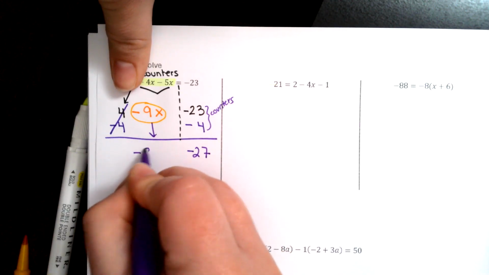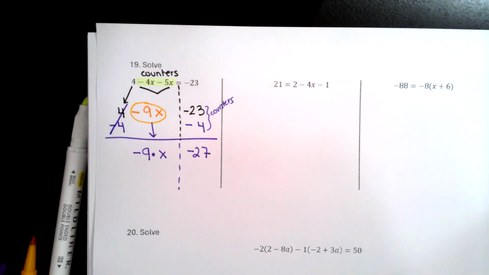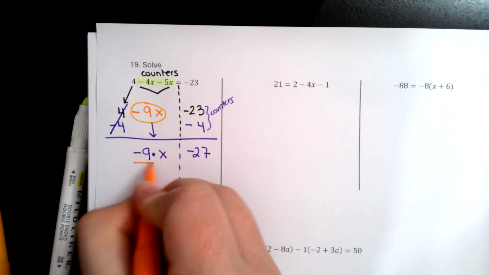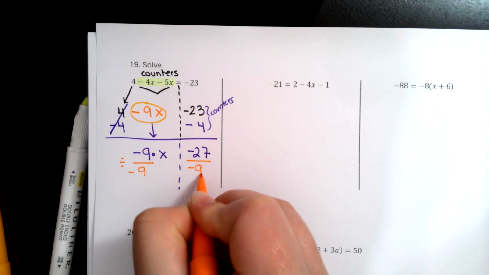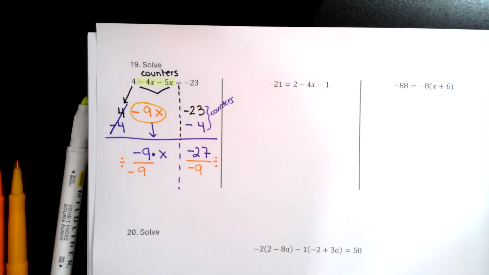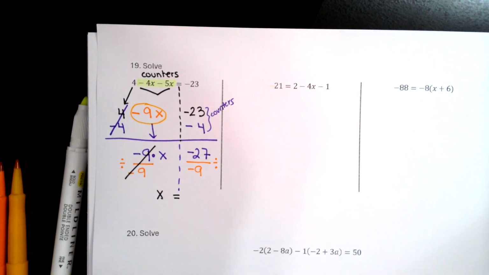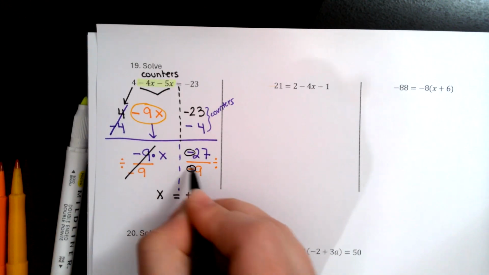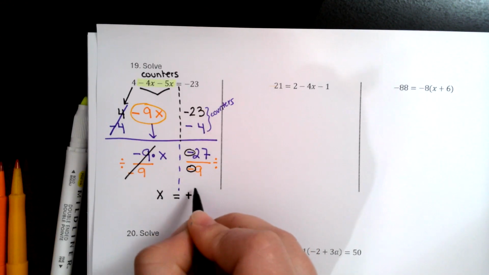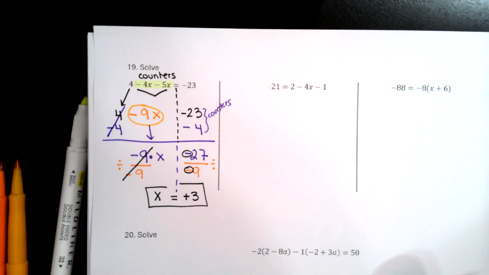Bring down the -9 times x, dotted line for balance. We see multiplication, so we are now going to divide by -9. On one side, our goal is to remove. On the other side, our goal is to divide. So we're going to ask ourselves same or different. These are the same, so our answer is going to be positive. 27 divided by 9 is 3. You can use your multiplication table for this.